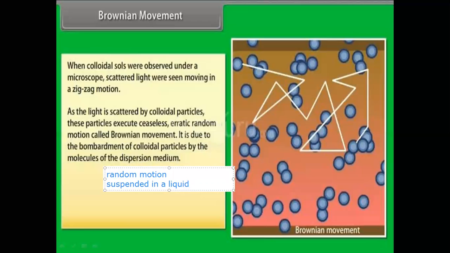This is because of the bombardment of the particles. This is the zigzag movement, that is, a random motion of the particles.